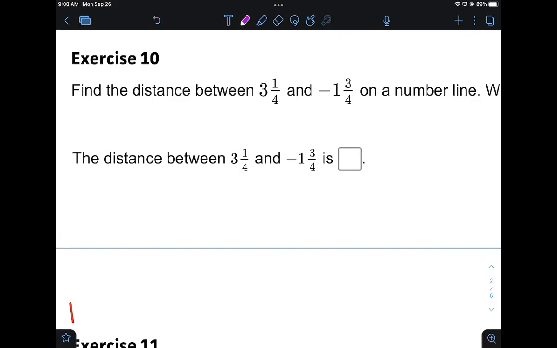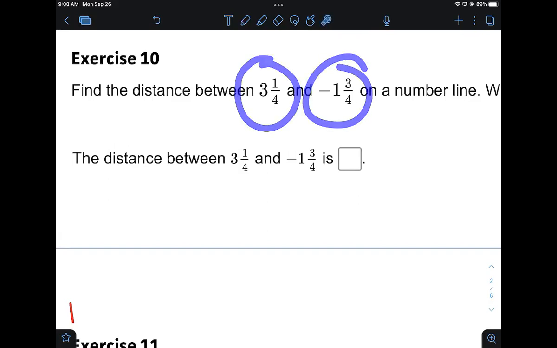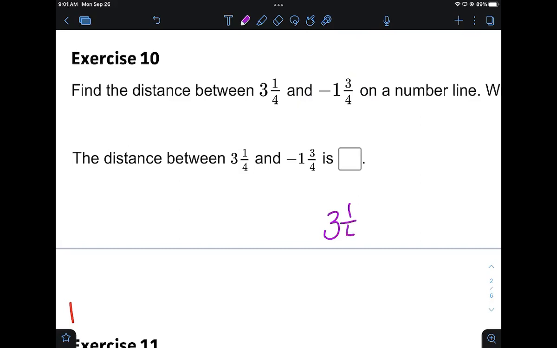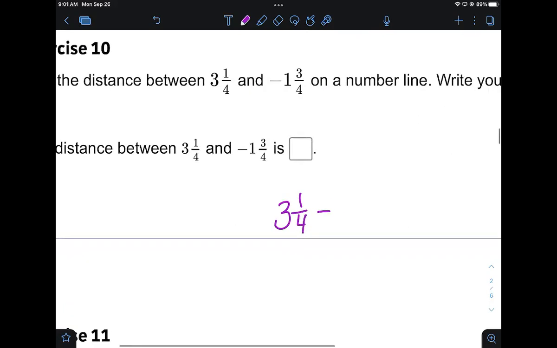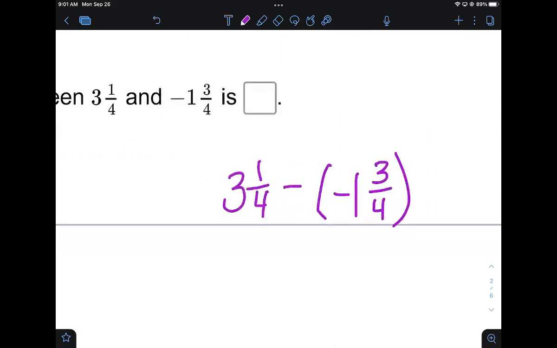So which of these 2 numbers here is the larger number, the positive or the negative one? Okay, so I have to put 3 1/4 first, and I'm going to subtract away negative 1 3/4. And when I use keep change opposite, this turns the problem into 3 1/4 plus 1 3/4.